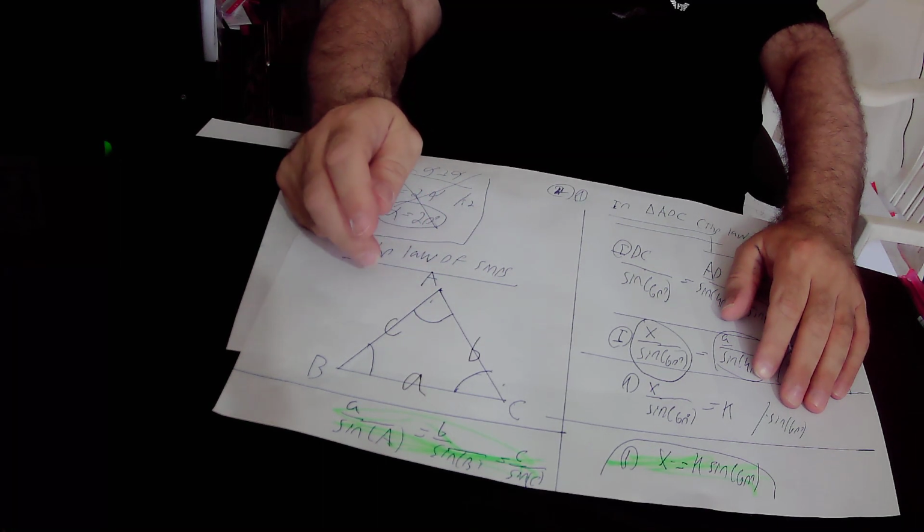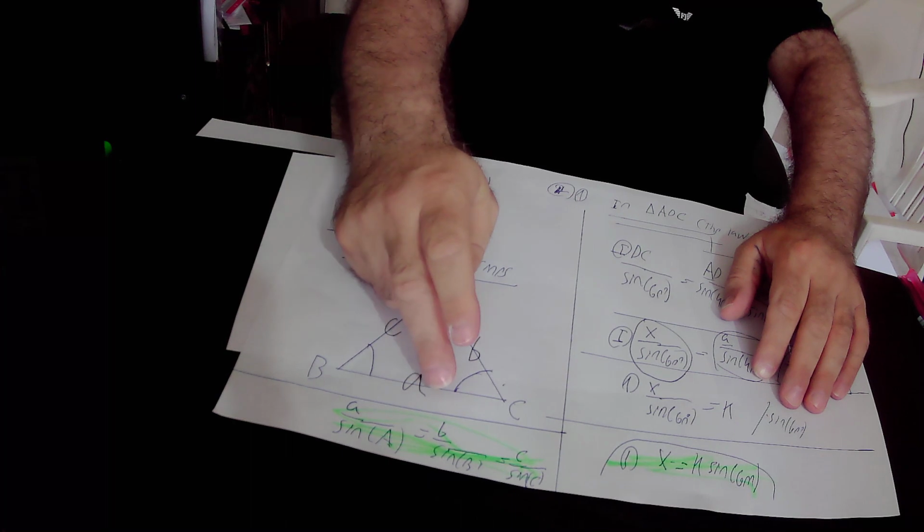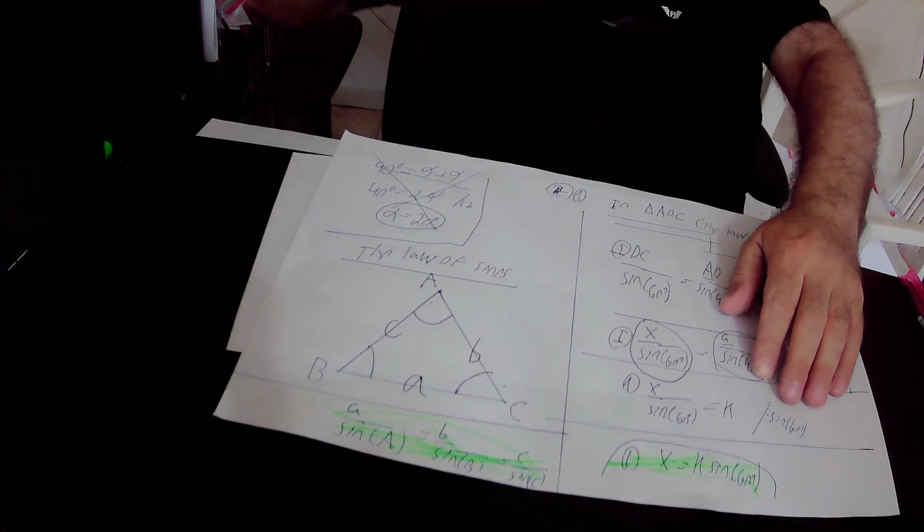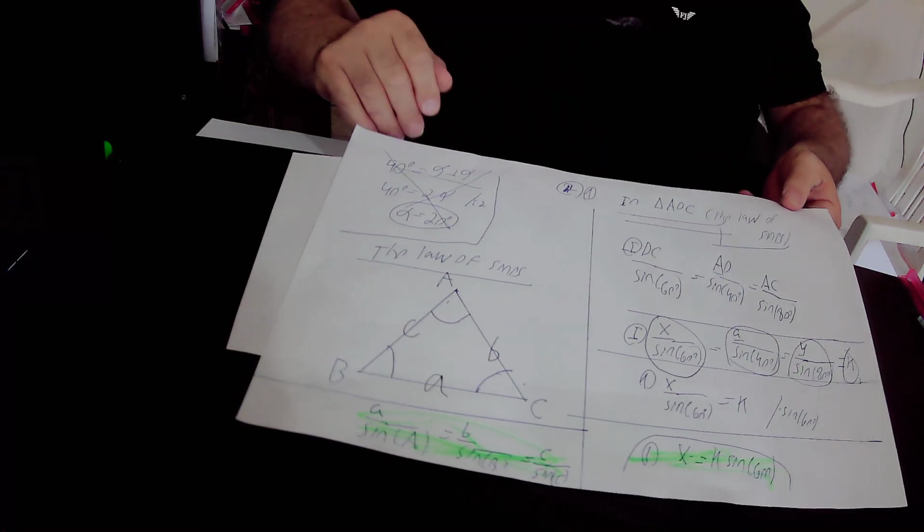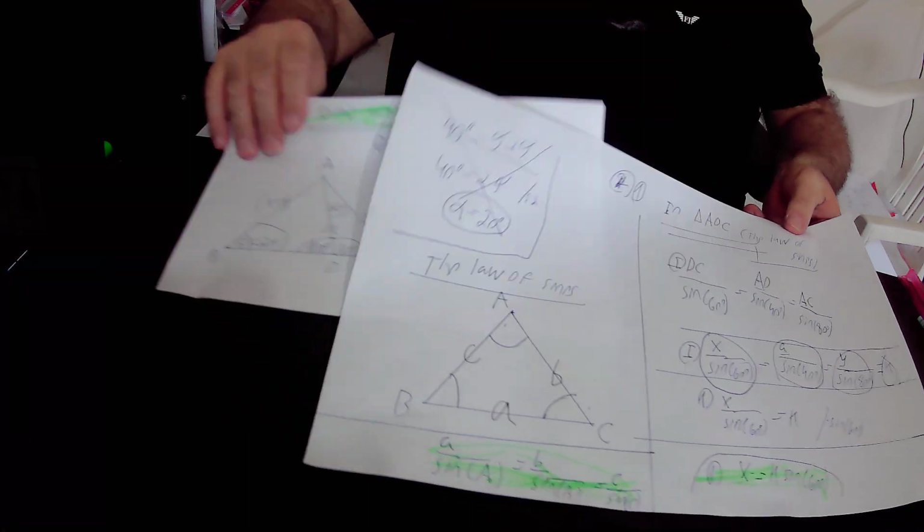So according to the law of sines, a over sine A equals b over sine B equals c over sine C.